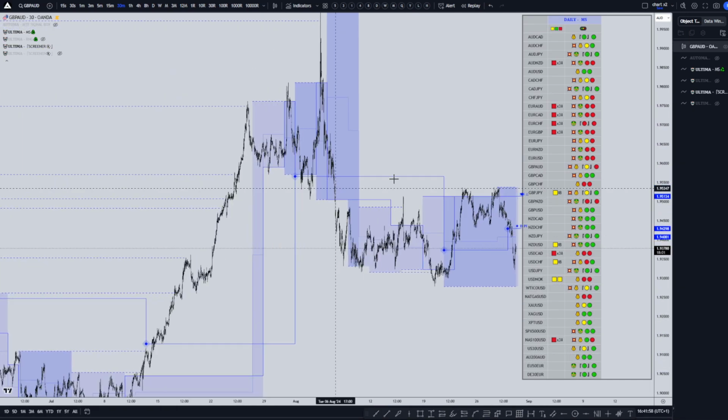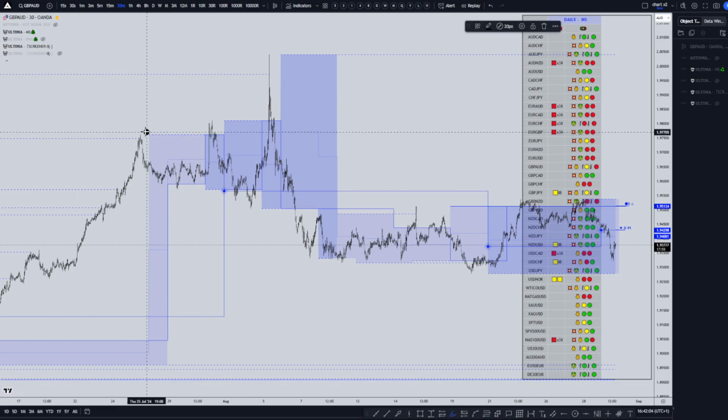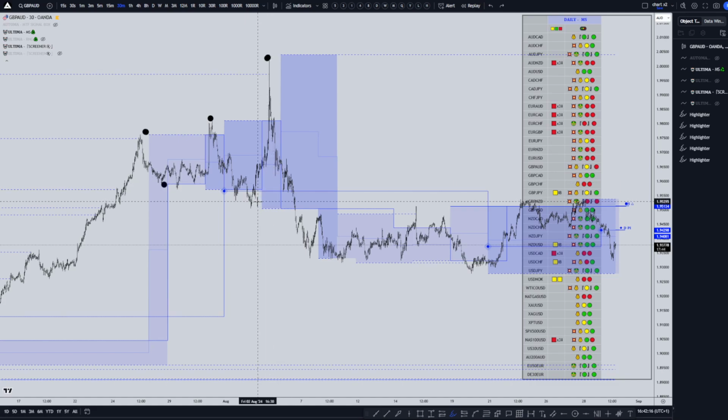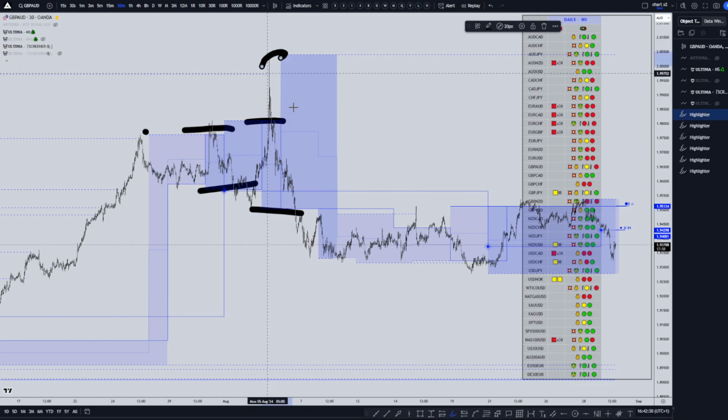So example here: structure makes a new higher high, then a new low, a new low. You can see how it starts to expand. Expansion usually happens after failed breakouts on the structure, because it's constantly hitting liquidity one side, then the other side, and it creates new structural highs.